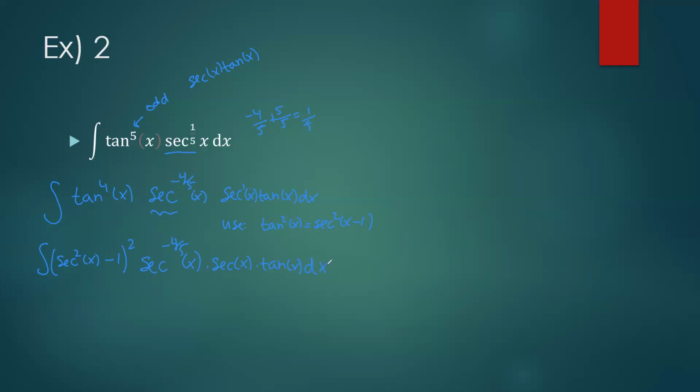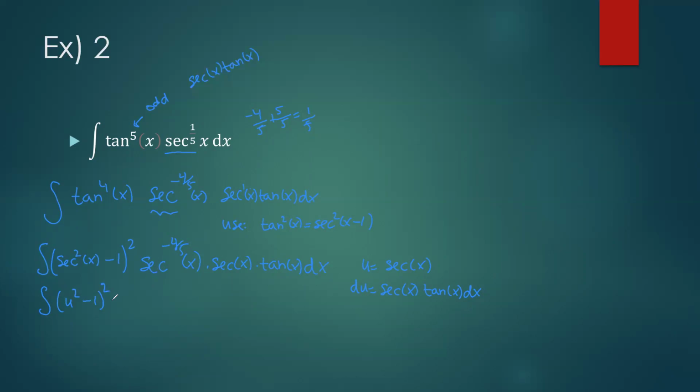Okay, and then what I'm going to do is use u substitution. I'm going to set u as secant x. I'm going to set du as secant x tan x dx. So if I say u is secant x, this would be u square minus 1 squared.